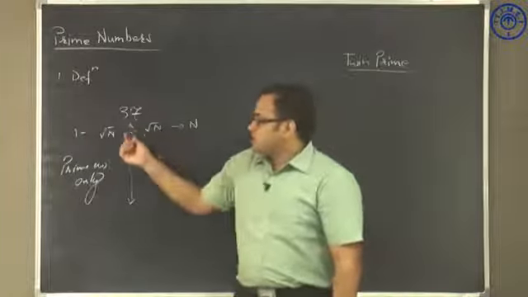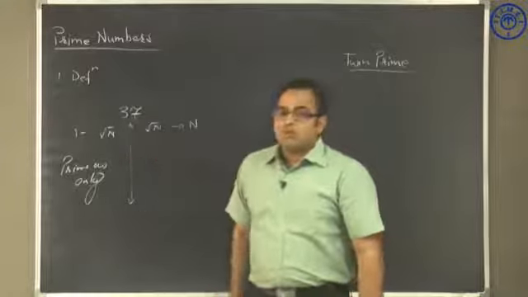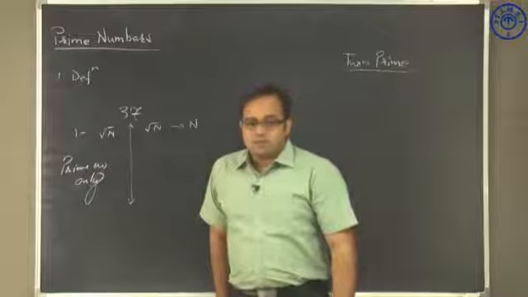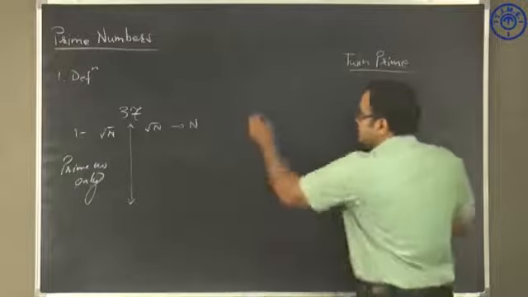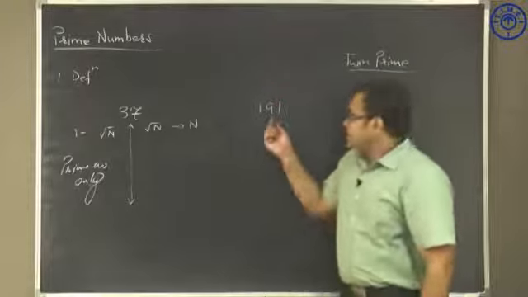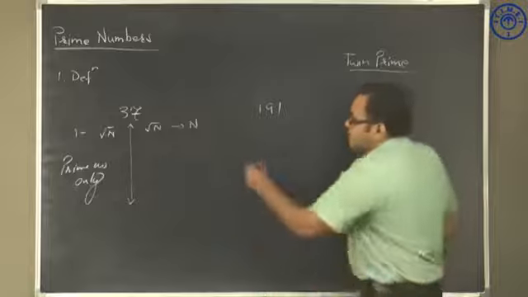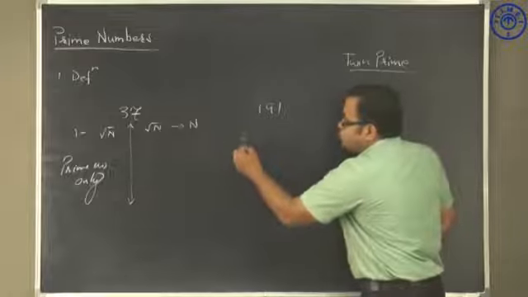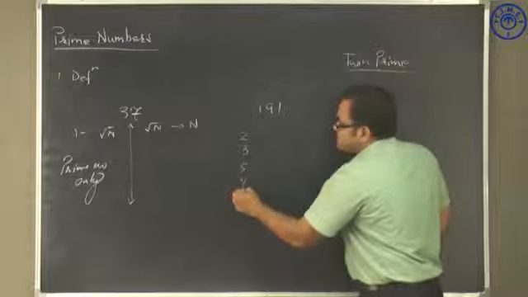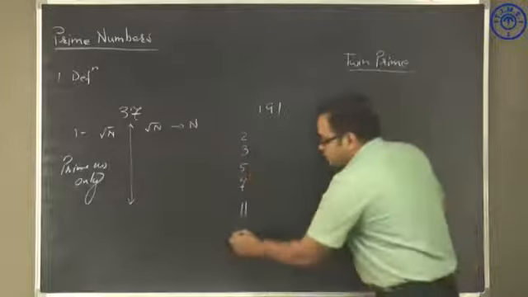So therefore for 37, I will check by 2, 3 and 5, because it is not divisible by 2, 3 and 5, therefore 37 is a prime number. Similarly, let us say I have to check if 191 is a prime number. 14 squared is 196, so I will go till 14. Till 14, the prime numbers would be 2, 3, 5, 7 and 11, and obviously 13 also.